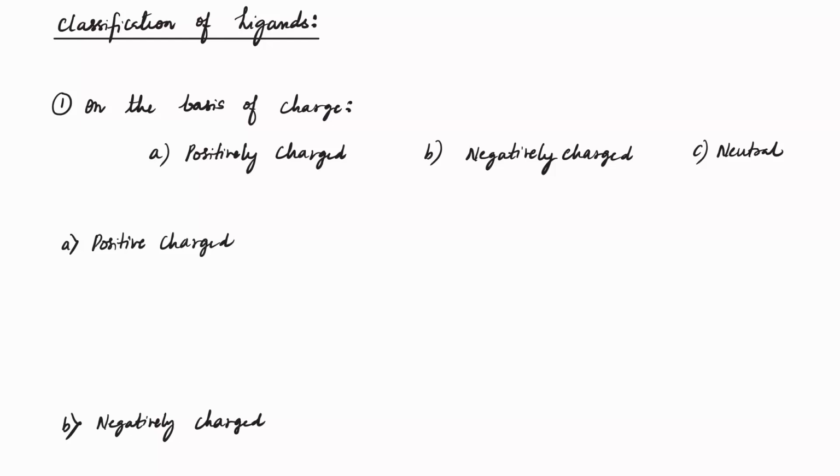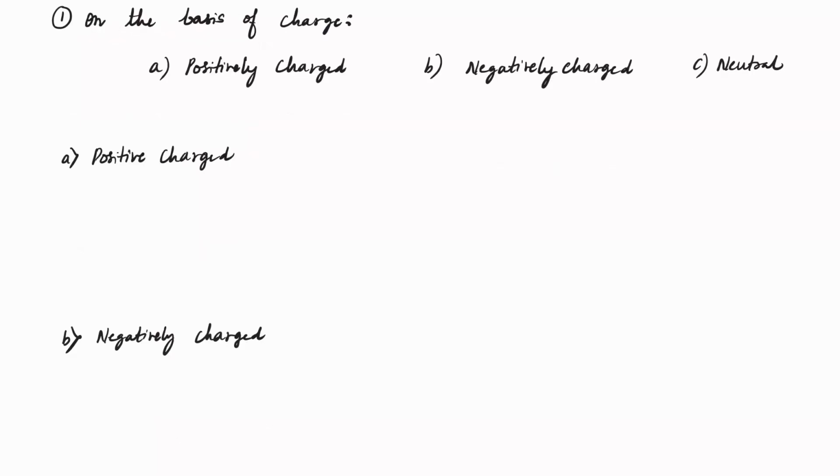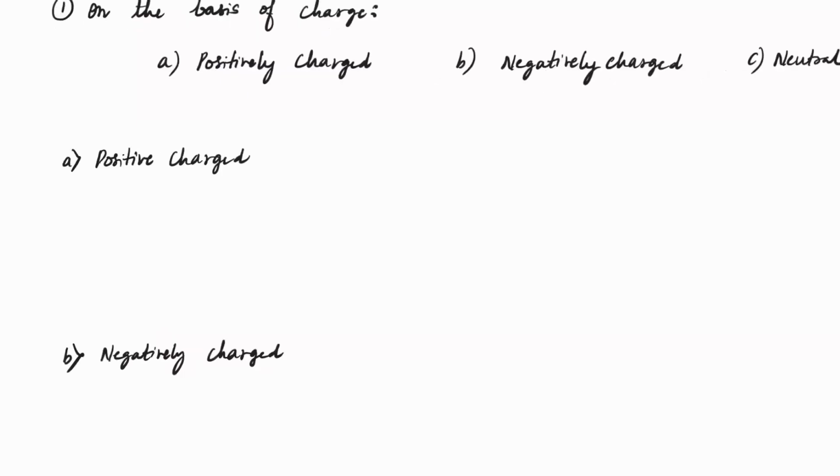Let's see the positively charged ligand here. You hardly have any ligands which are actually positively charged, and yet are acting like a base. Very few compounds are like that. One of them is NO plus. This will have a lone pair on the nitrogen end, right?